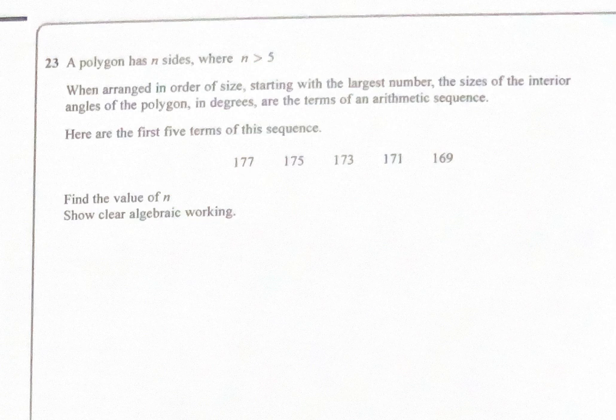From the first 5 interior angles, we can find the first 5 exterior angles, because interior plus exterior equals 180. So the first exterior angle will be 180 minus 177, which is 3, and then 5, 7, 9, 11, and so on.